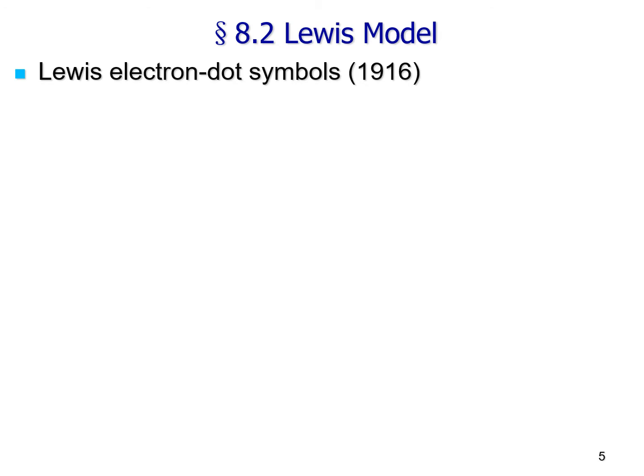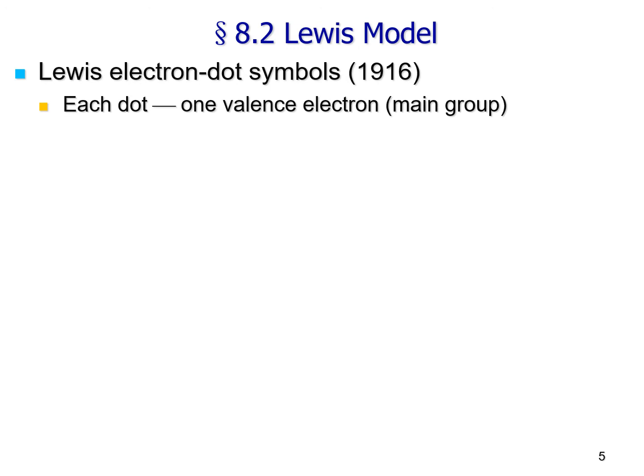He introduced the dot to represent those valence electrons. So he said, I'm going to use one dot to represent one valence electron of that atom, particularly those atoms in main group elements.